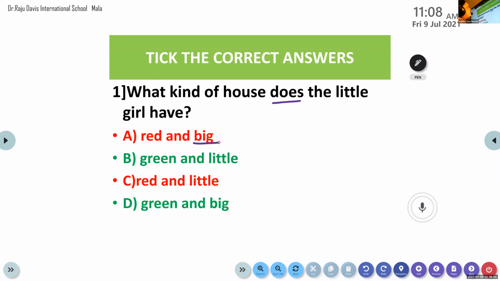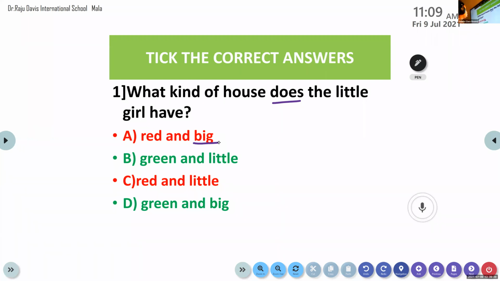B-I-G, big. Big, yes. Now read option B. Green and little. C. Red and little. Very good. D. Green and big. Very good.